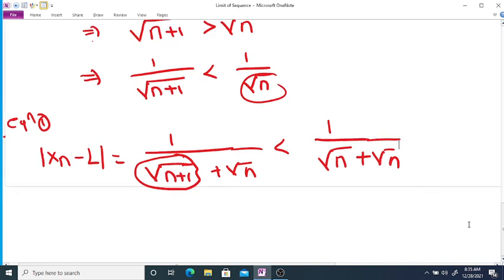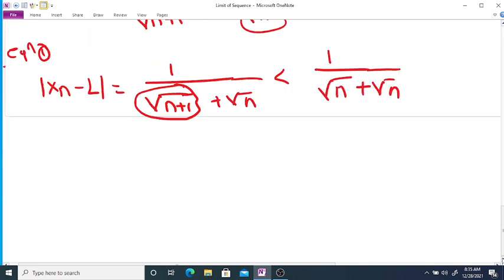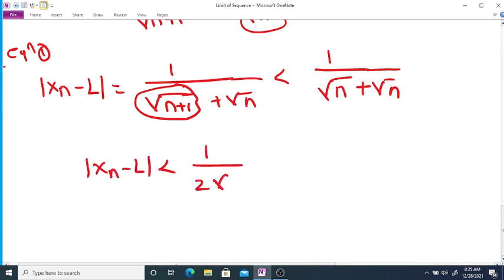This implies xn minus L is less than 1 divided by 2 square root of n.